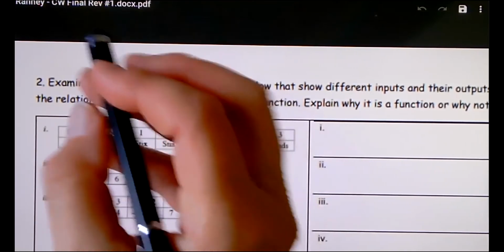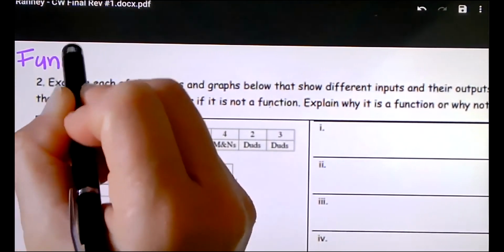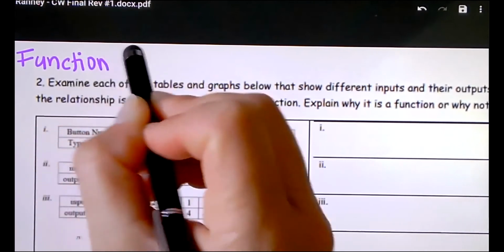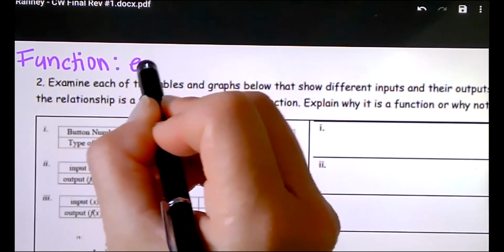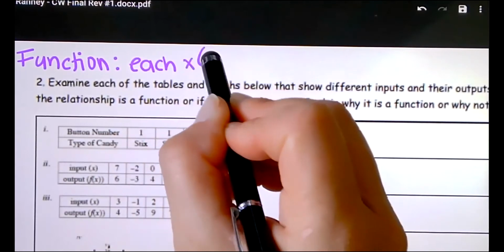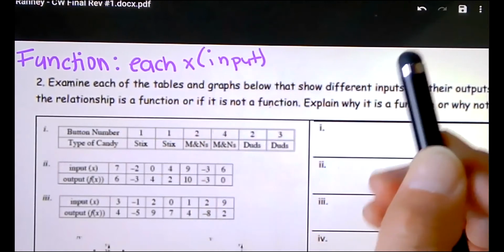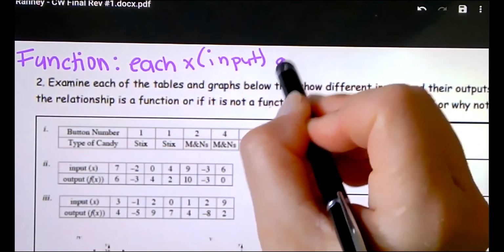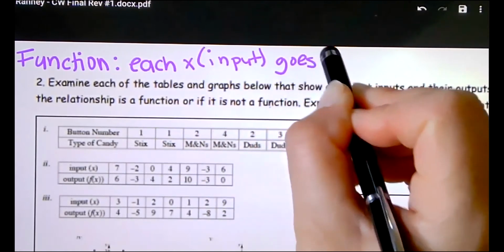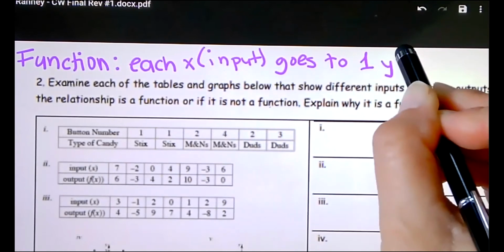Function: each x, and I'll put in parentheses input, goes to 1y, and I'll put output.